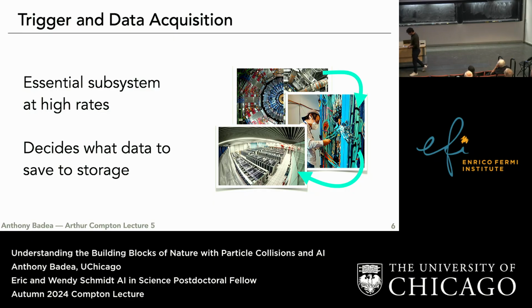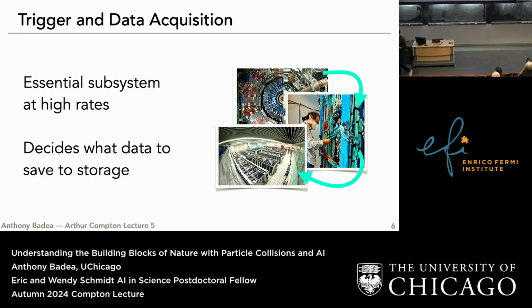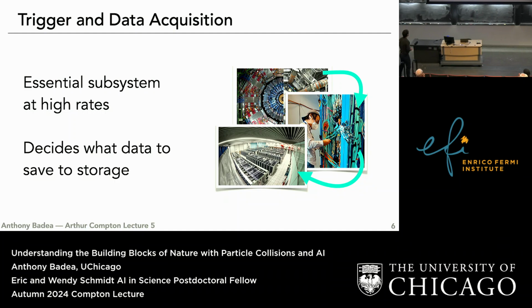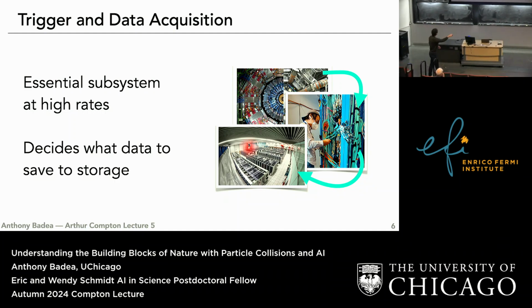Where we're going to start is a high level view of what we mean when we think about trigger and data acquisition. In essence, anytime that you have a high rate experiment, like the LHC where you're doing many collisions producing tons and tons of data, we have an essential subsystem, which is the trigger, that connects from the actual detectors in the collision hall via tons and tons of cables as an intermediary where we decide what to keep, and then we pipe data to large storage farms that are nearby.